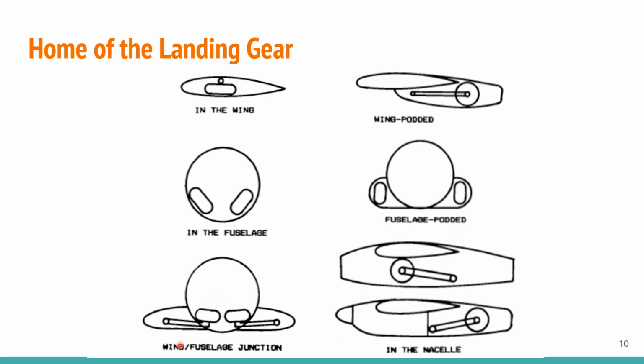In the fifth case, the wing and fuselage constitute partial areas, and they should house the landing gear after its retraction. And the final condition is in the nacelle.